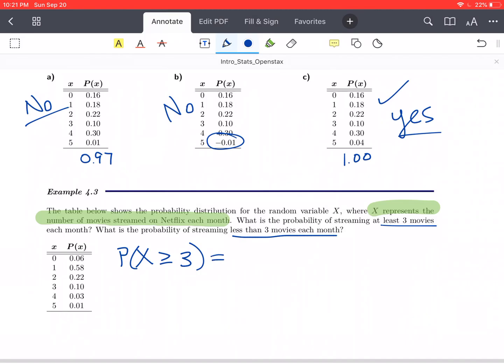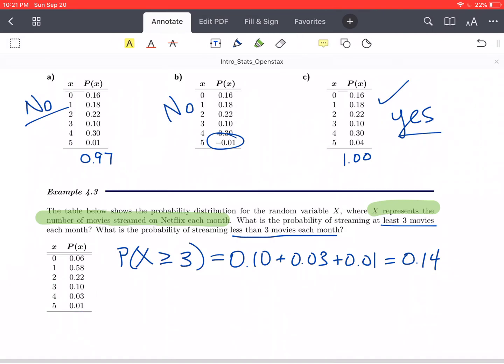That's going to be everything 3 or more, so 0.10 plus 0.03 plus 0.01, which is 0.14. So there's a probability of 0.14 that a randomly chosen household would watch at least 3 movies each month. So fairly low.